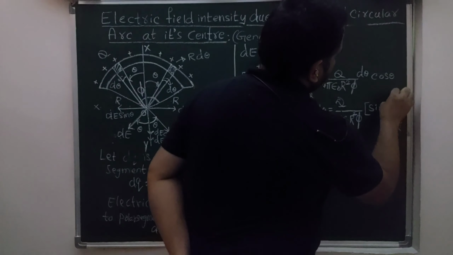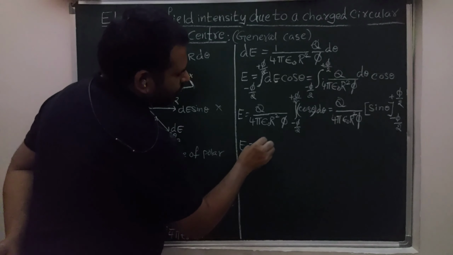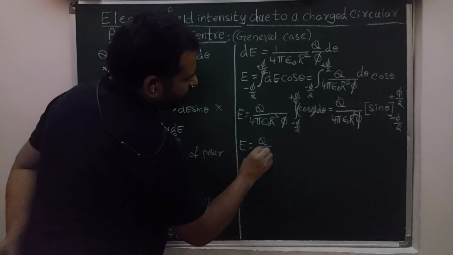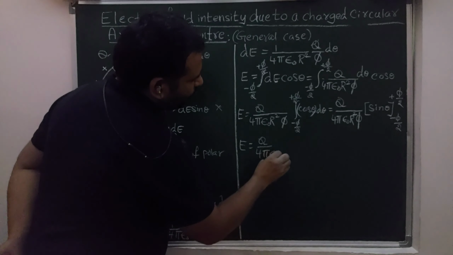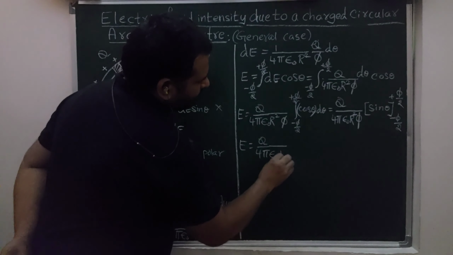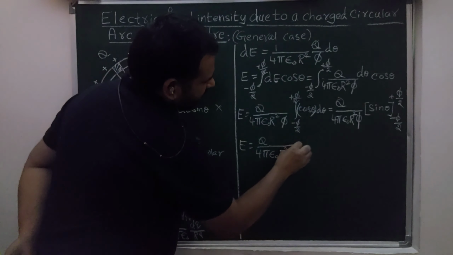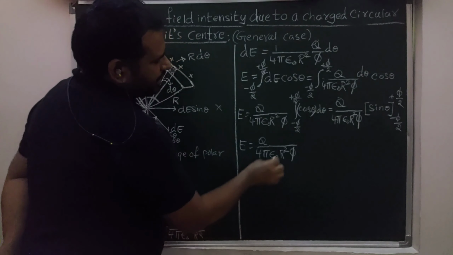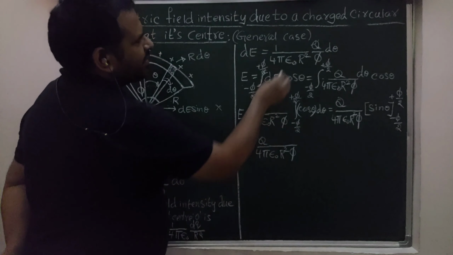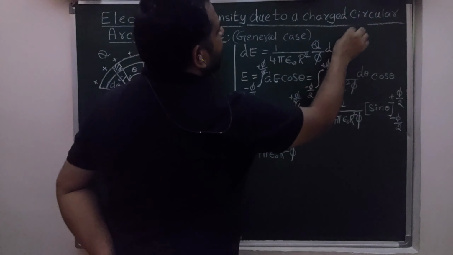So now E is equal to Q divided by 4π epsilon naught r square into φ. Instead of 1 by 4π epsilon naught, we can write k also.